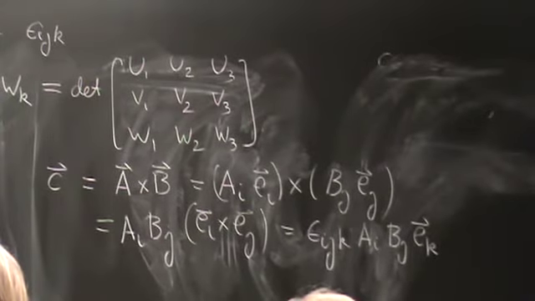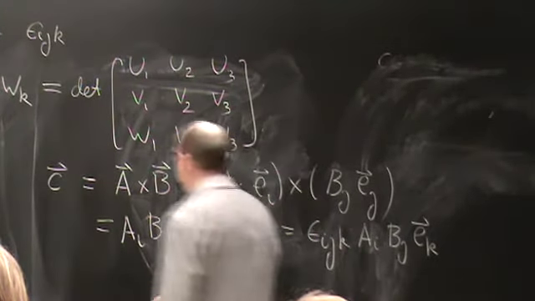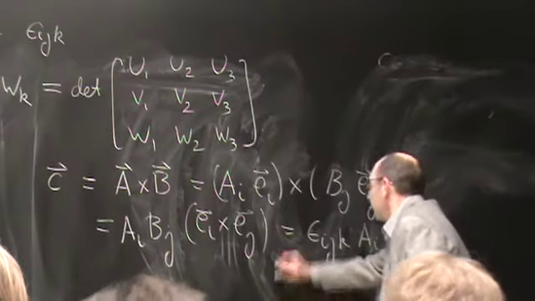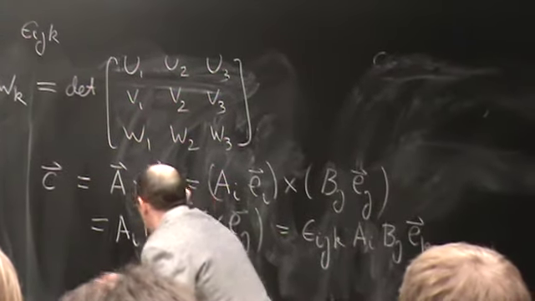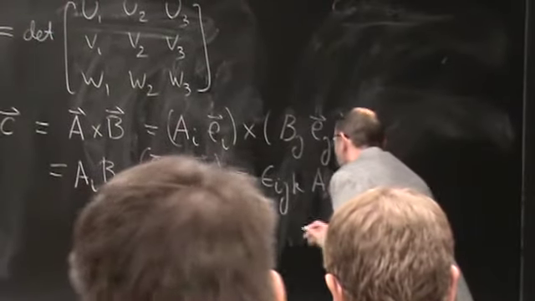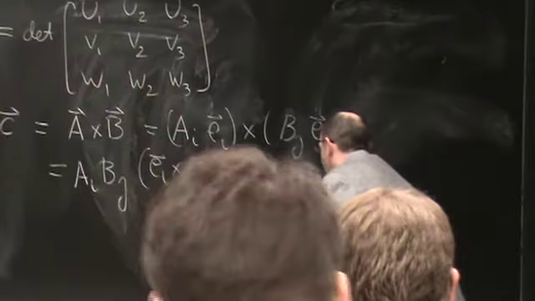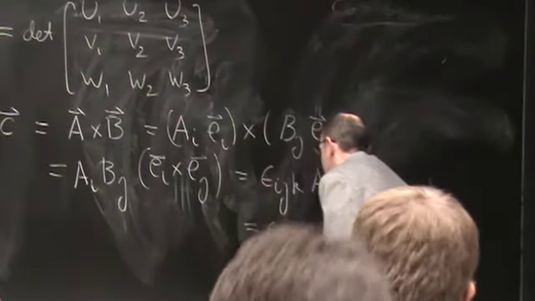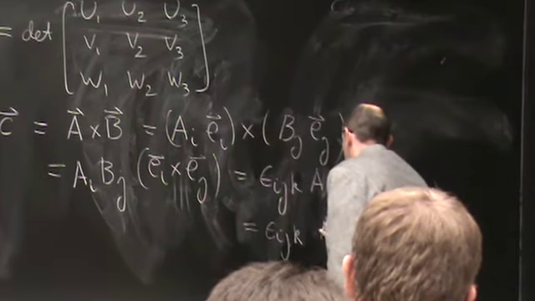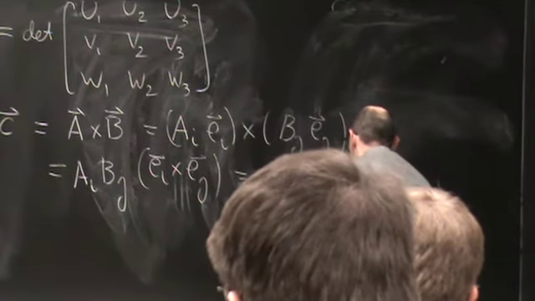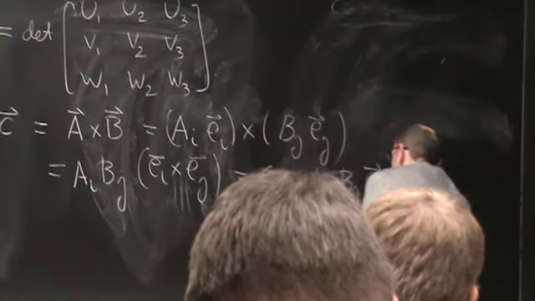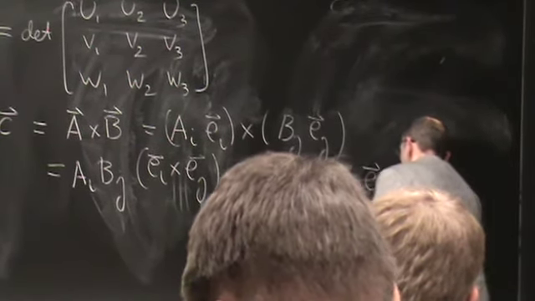So, if I look at this, I can also rewrite it, since we've summed over all the indices. Let me rearrange them and call this epsilon ijk a_j b_k, using the cyclic property.